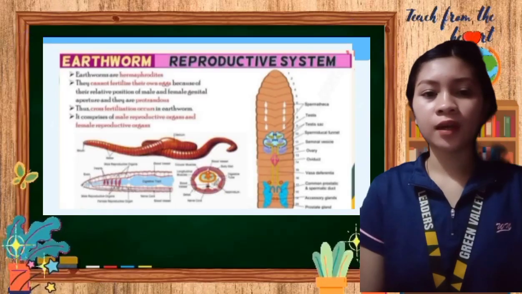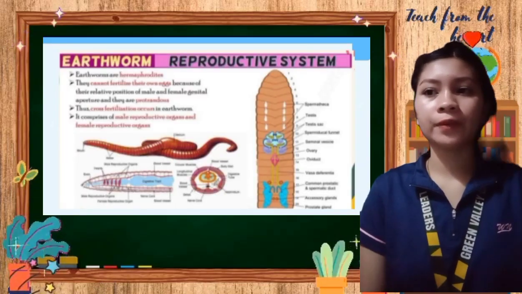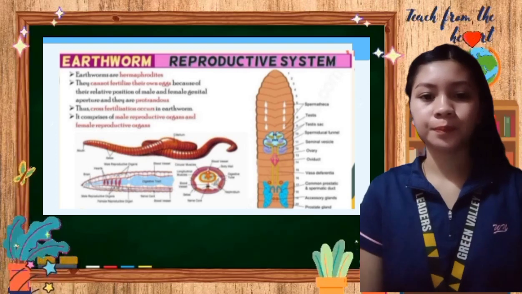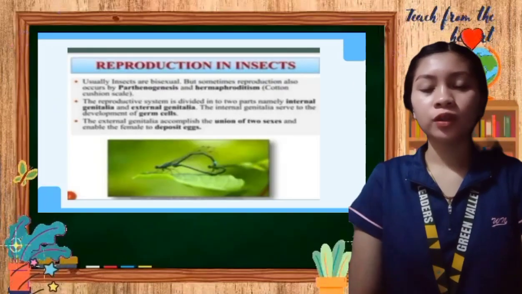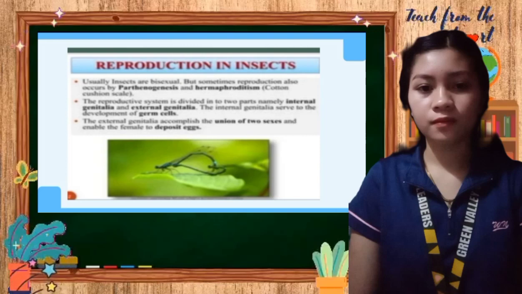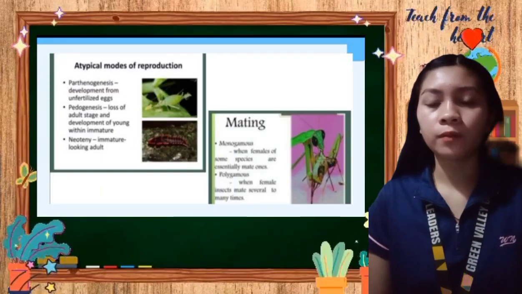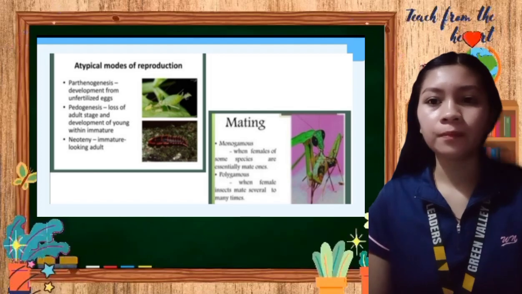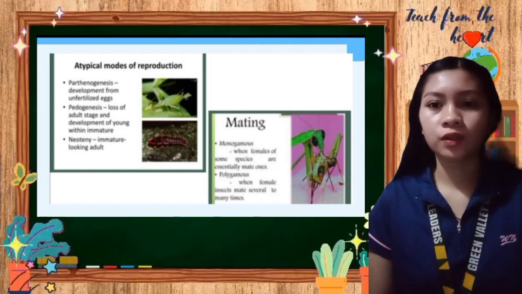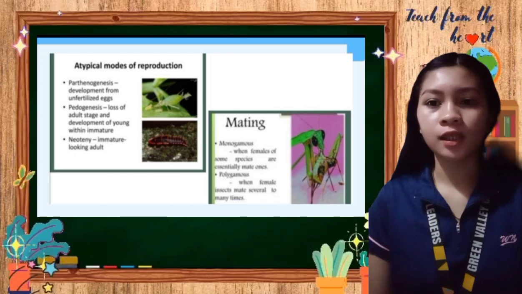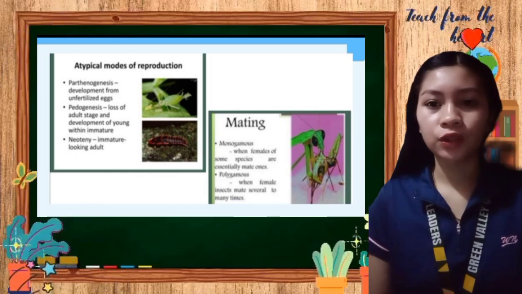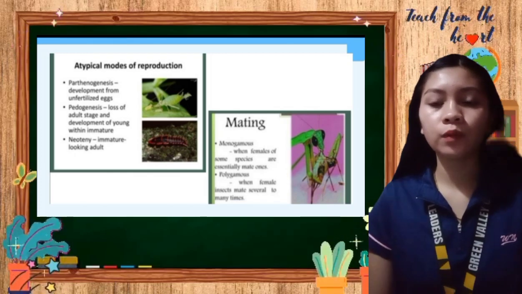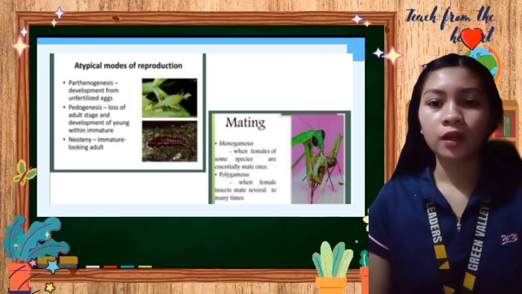Here is the example of the earthworm reproductive system. Next is reproduction in insects. Atypical modes of reproduction. Parthenogenesis, development from unfertilized eggs. Paedogenesis, loss of the adult stage and development of young within the immature.